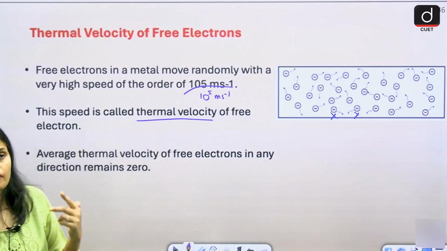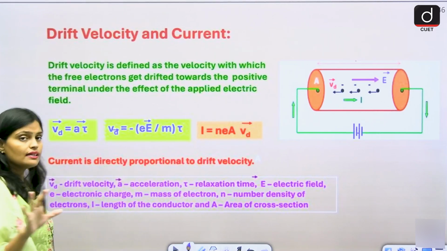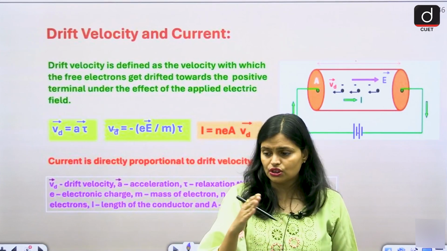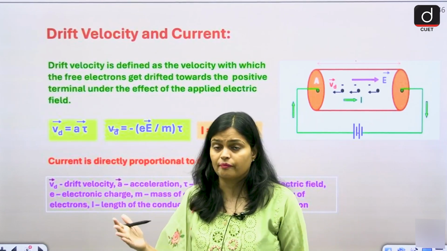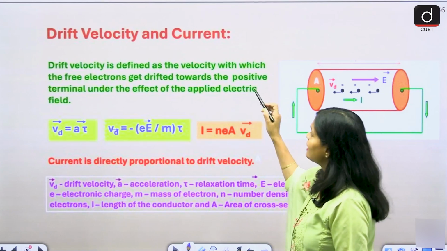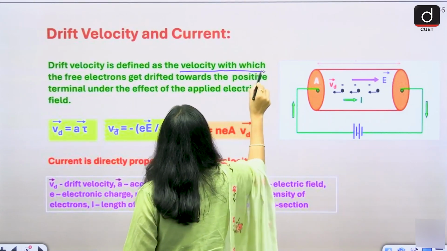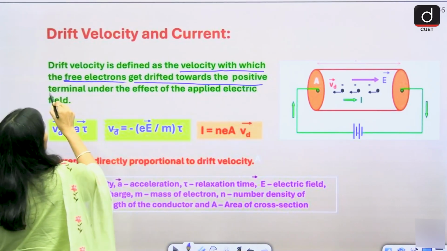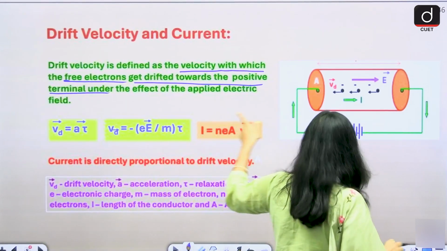Now let us understand the drift velocity. Velocity is now clear to everyone: it is how much distance is covered by time, and thermal is after getting the temperature. Drift velocity is defined as the velocity with which free electrons get drifted towards the positive terminal under the effect of an applied electric field.